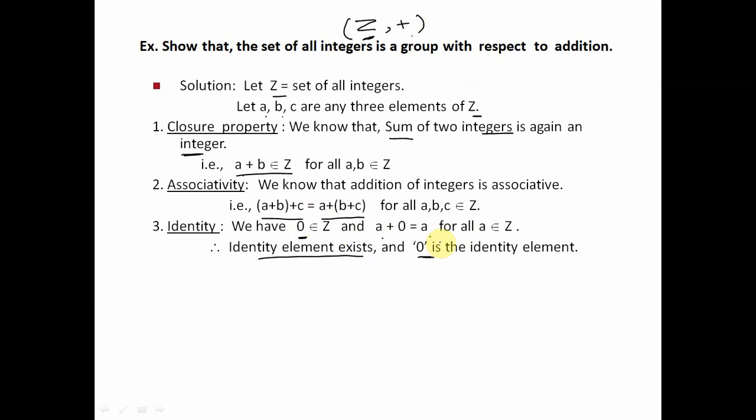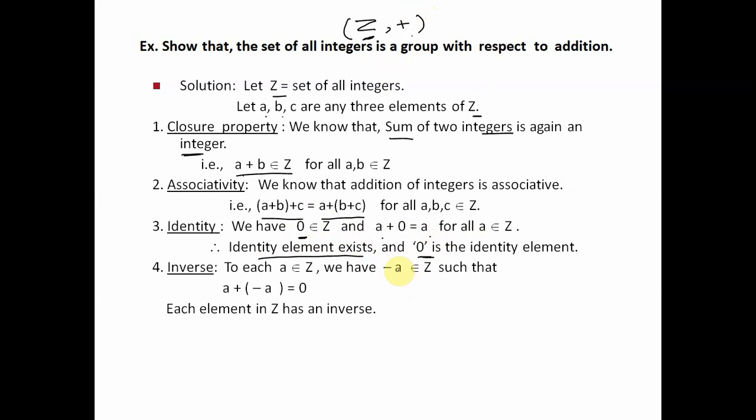Third property satisfied. Similarly, for every integer a, I have minus a such that a + (-a) is equal to the identity, which is 0. That means each element has an inverse. Now as these four properties are satisfied, that makes this a group.